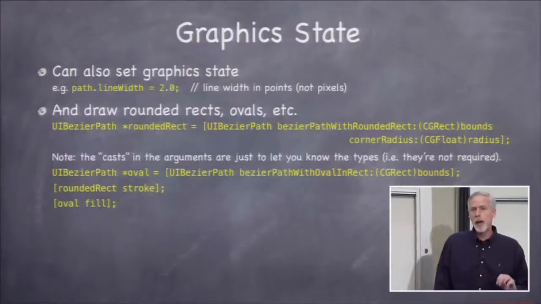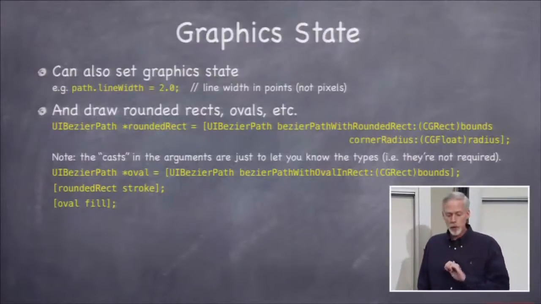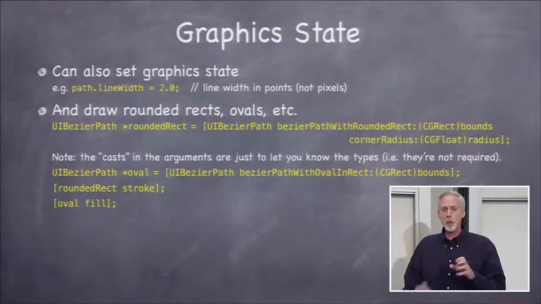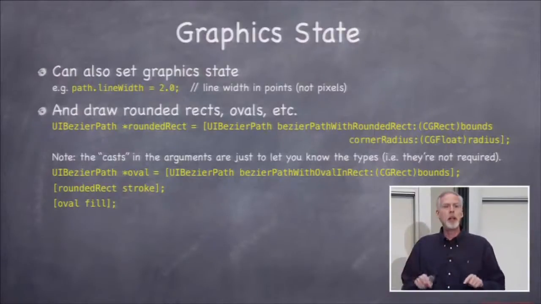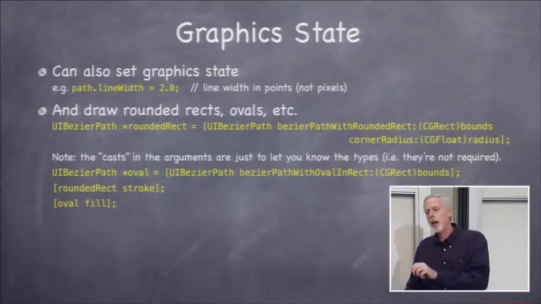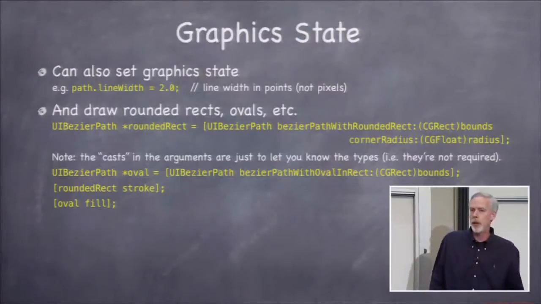And UIBezierPath also has a lot of cool functions like bezierPathWithRoundedRect:cornerRadius:. That will give you a path which is a rounded rectangle inside of certain bounds. And it has a bunch of other ones similar to that, so that you can build more complicated things than line to, line to, line to. I just show you that because it's simple. So that's how you would, for example, create an oval.